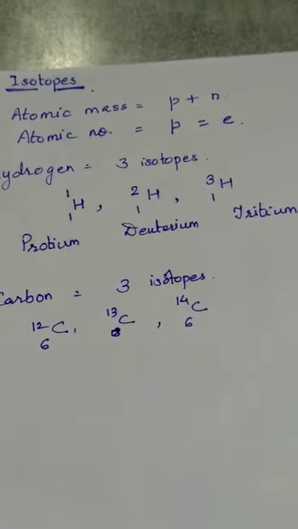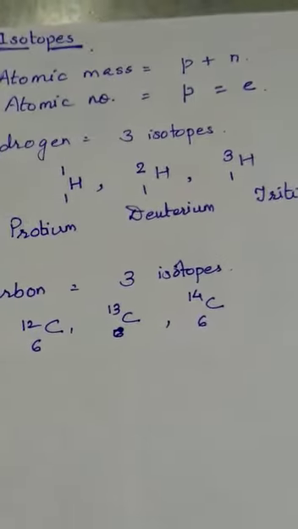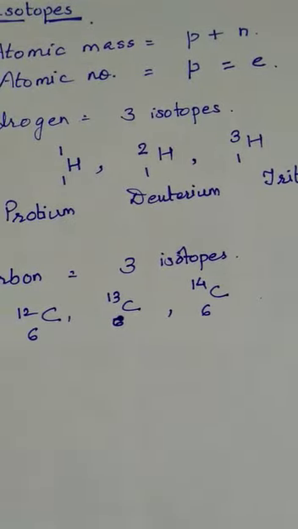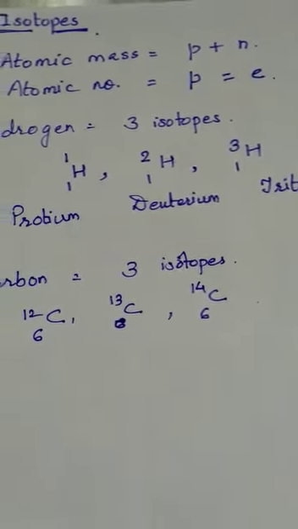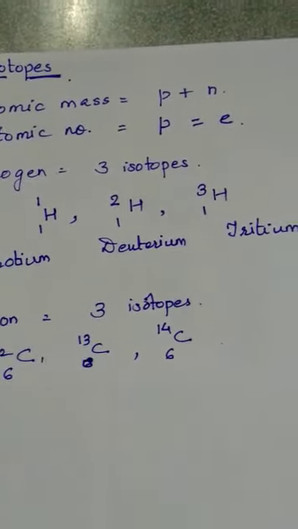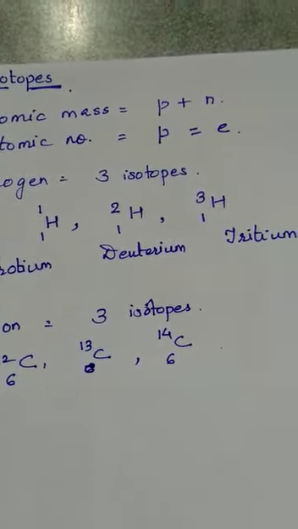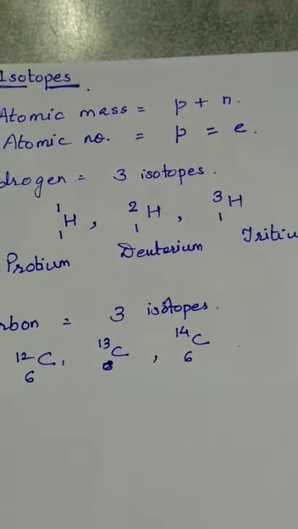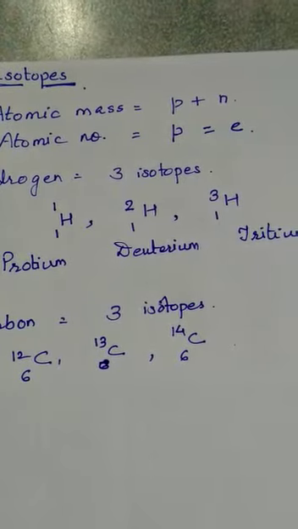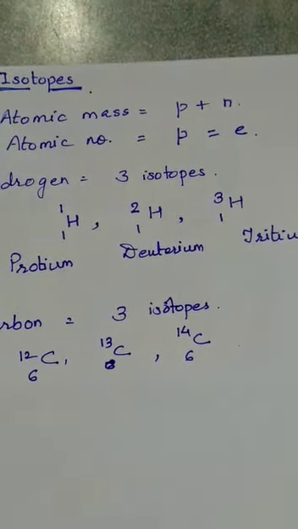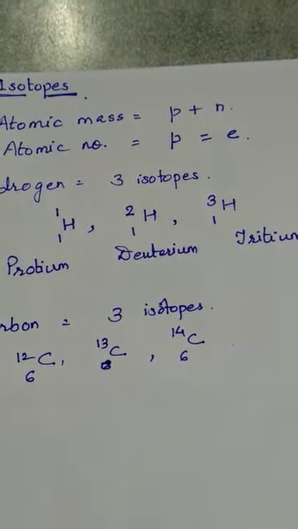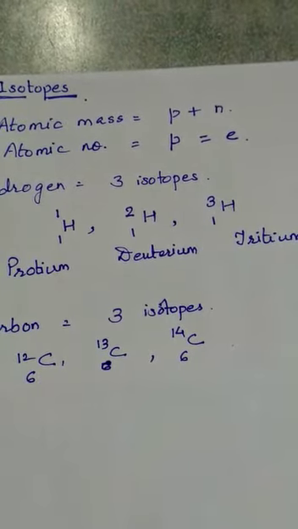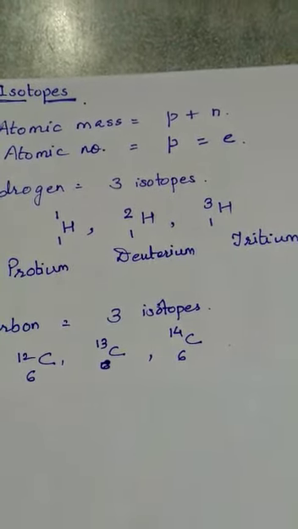And the third kind of hydrogen atom has atomic number 1 but atomic mass 3. The number of proton is 1 and the number of neutrons becomes 2. Proton 1 plus 2 neutrons gives the atomic mass of this isotope of hydrogen as 3, and it is named tritium because it has 3 as the atomic mass.